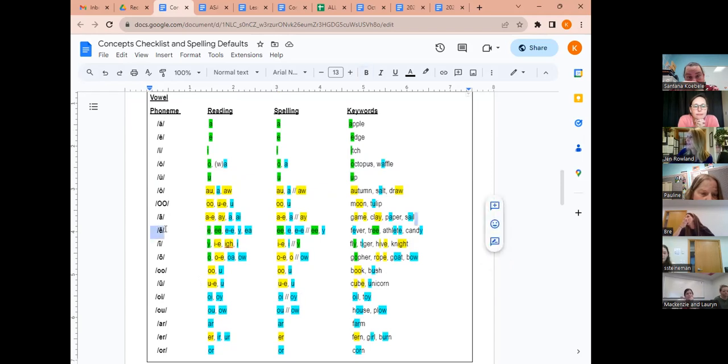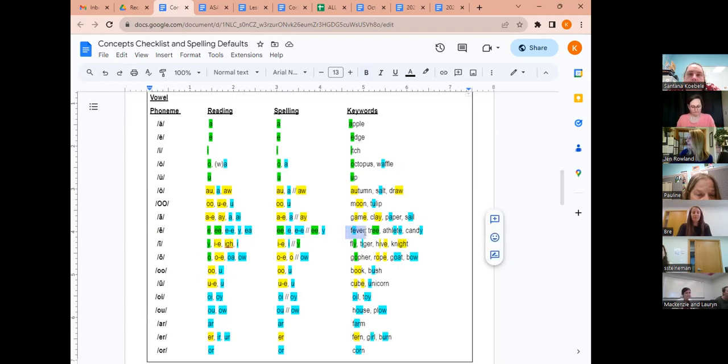So the sound E, back when you taught open syllable, and Andrea, I know you're about to do this lesson. For reading, you introduce it. But look here, guys, for spelling, you actually don't bring it in until level 2 because most of our open syllables occur when there's a 2-syllable base word.